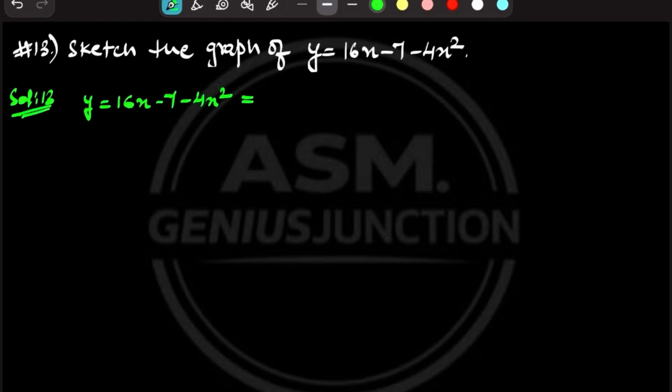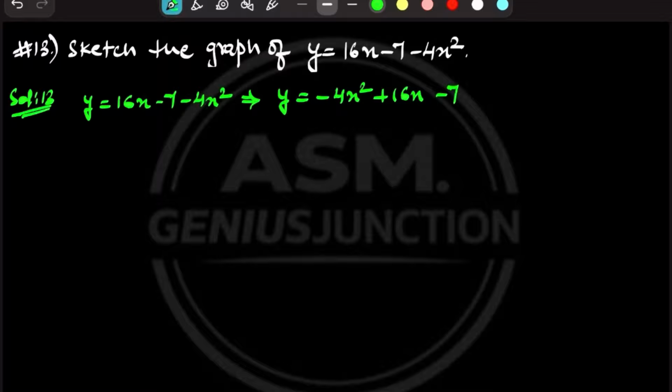So first of all, I will rearrange these terms to bring it into the standard form. This is minus 4x square plus 16x minus 7. Now we are going to use the concept of completing the whole square, right?